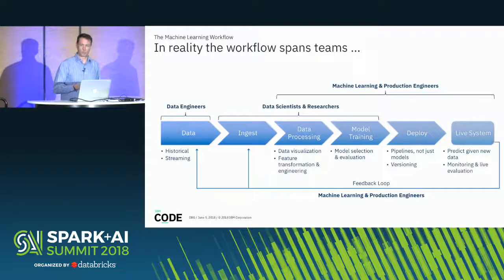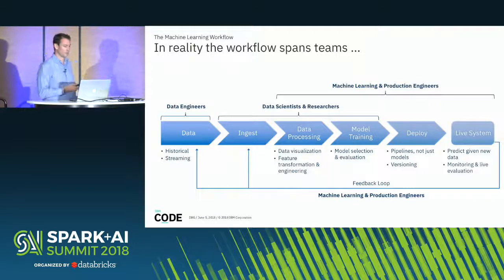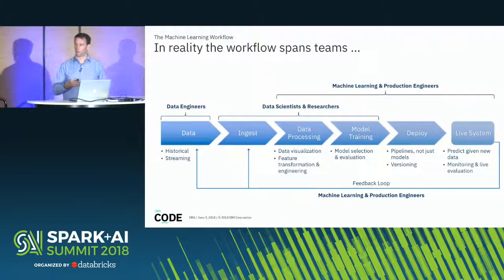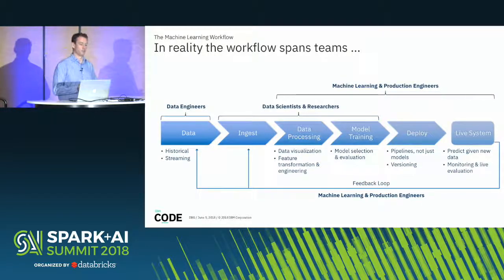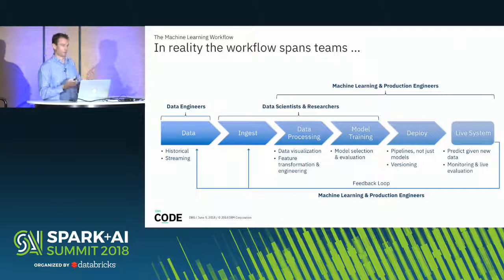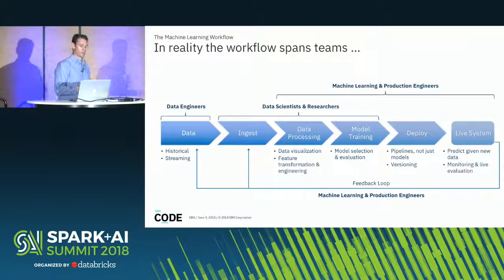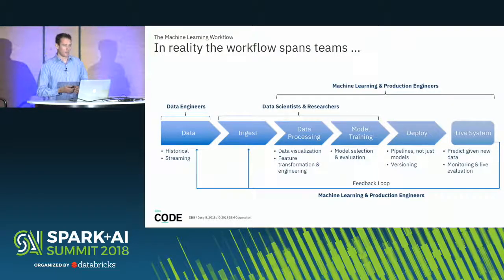And they are all responsible for different phases of this workflow, and some of them overlap, from data ingest through to your typical data science workflow, which is all about data processing, data visualization, feature transformation and engineering, through to model training, which is the typical model selection and evaluation, cross-validation type of workflow within a workflow.